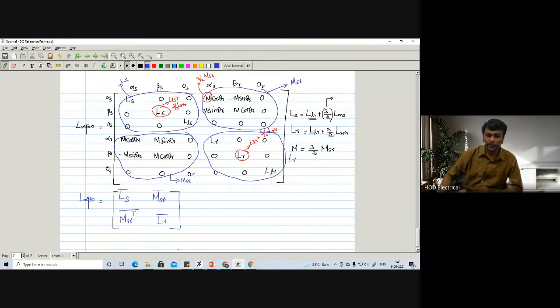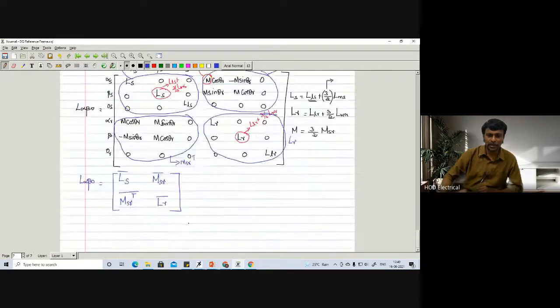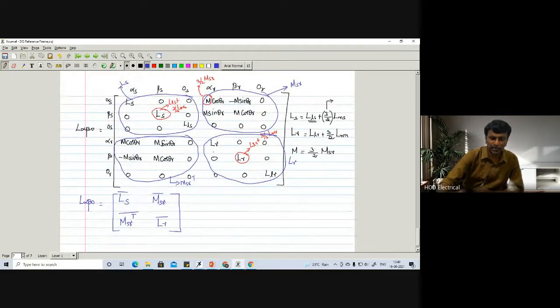Now, from the previous part, I have completed. We have already derived the equation V alpha beta naught equals I alpha beta naught into R alpha beta naught, plus L alpha beta naught into d by dt of I alpha beta naught, plus G alpha beta naught into I alpha beta naught into omega r.